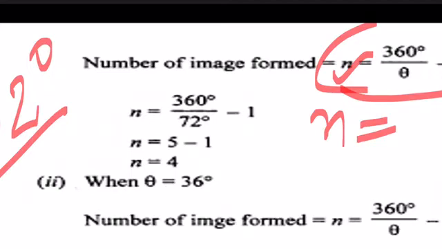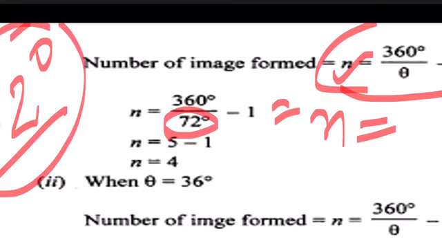So now you can put the value of the angle, 72 degrees. Then divide and you will get 5. 5 minus 1, the number of images will be 4 when the angle is 72 degrees. Second situation, when the angle is 36 degrees, what will be the number of images?